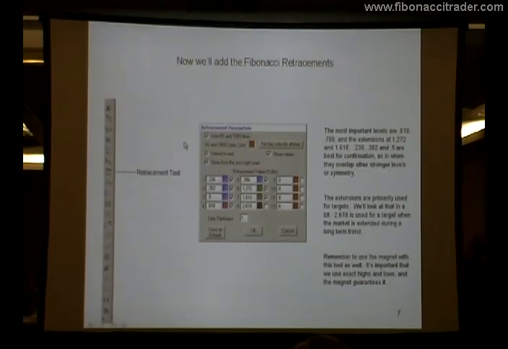Okay, now it gets interesting because we get to add retracements. The retracement tool, and again, you have this in the workbook. These are the settings that I use. These are the ratios that I find to be most important. And I have them color-coded similar to the way Carolyn has hers color-coded because I want them to stand out, especially since they cluster together because they're from various swings.